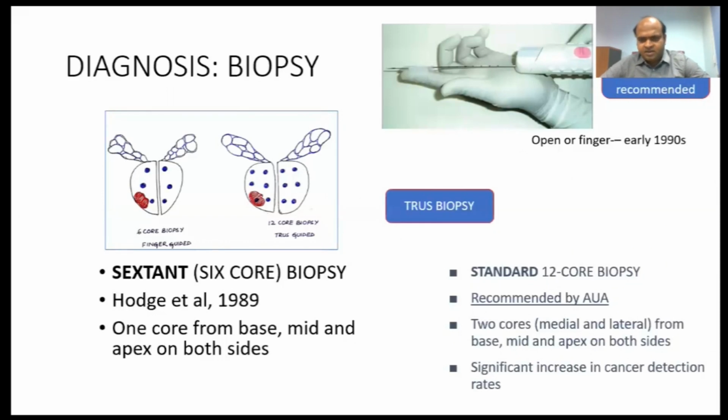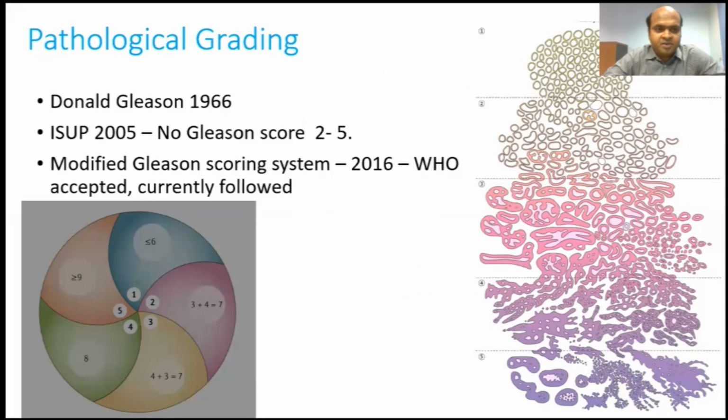Currently, the standard biopsy is a 12-core transrectal biopsy, which we call a TRUS-guided biopsy. And as we can see in the image, 2 cores are to be taken from base, mid-zone, and apex in both lobes.